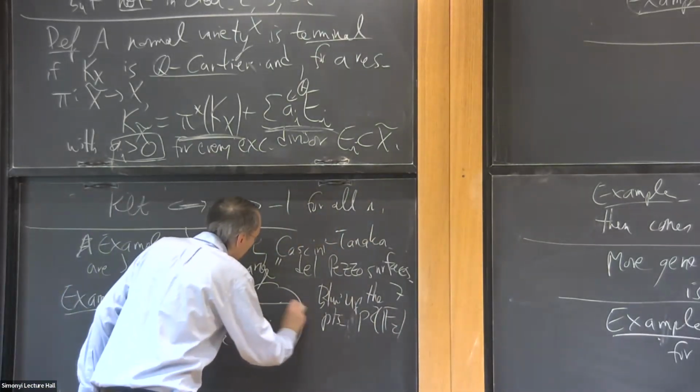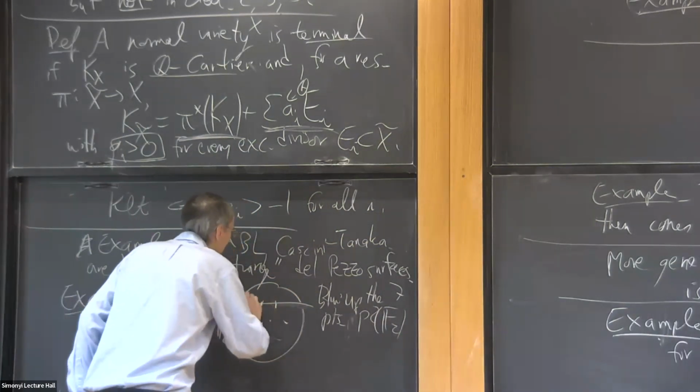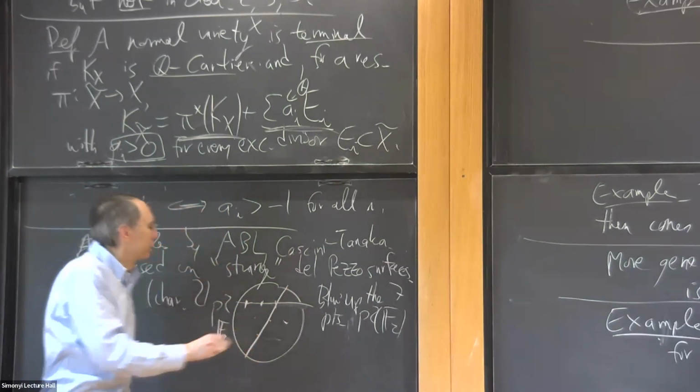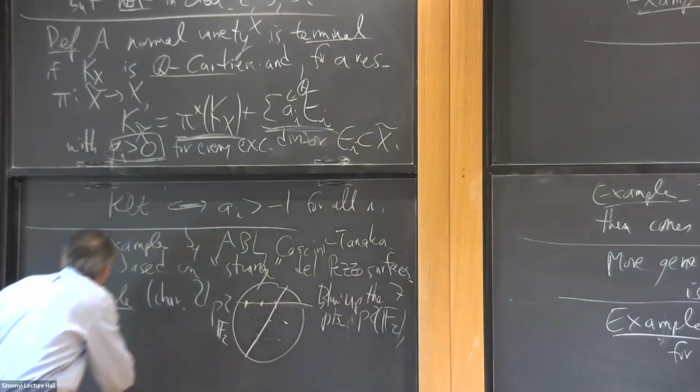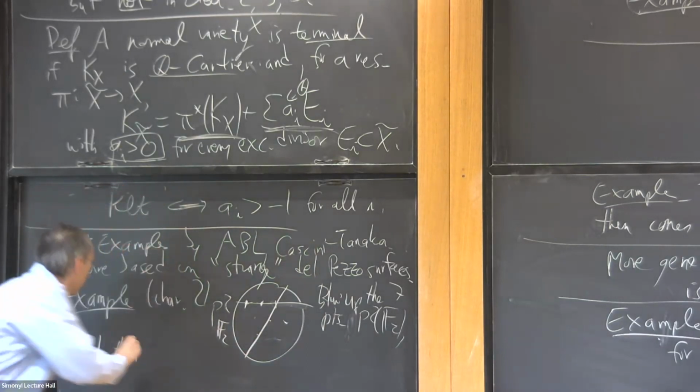Then you can contemplate all the F2 lines. Each line is going to go through 3 F2 points. And then contract the 7 lines defined over F2.